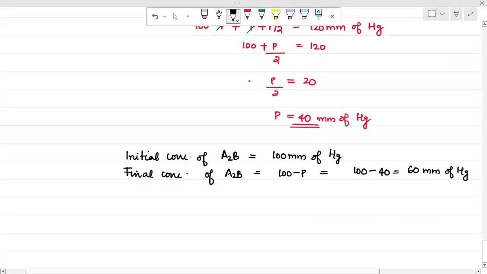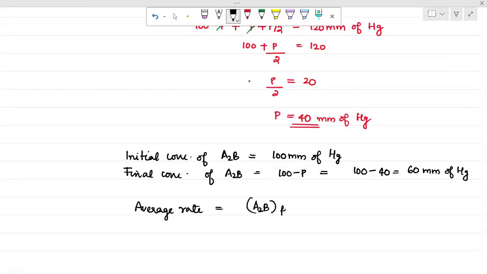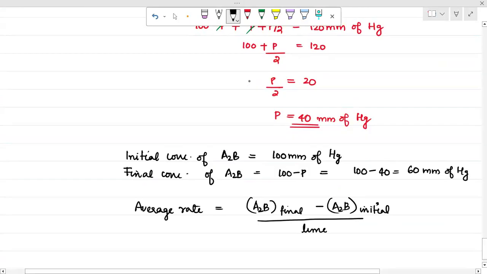Now, what is average rate? Average rate is the change of the concentration, A2B final minus A2B initial. This is the change of the concentration divided by time. So, final concentration was 60. Initial concentration is 100. Divided by time, which is 5 minutes.